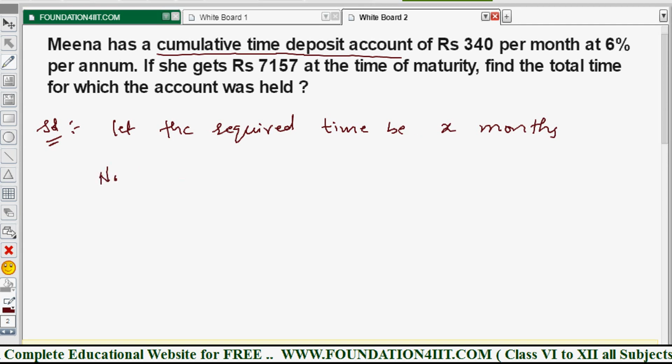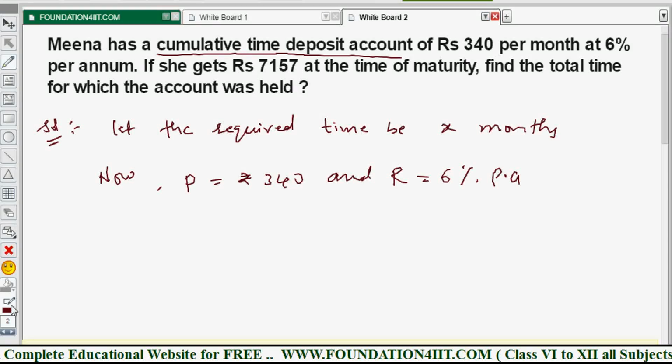Now in this problem, the p value is given: the monthly installment P is rupees 340, and the rate of interest R is 6% per annum. These two are given, and the maturity value is mentioned as 7,157. First, using this data, we'll find the maturity value, which we can equate to the maturity value amount.